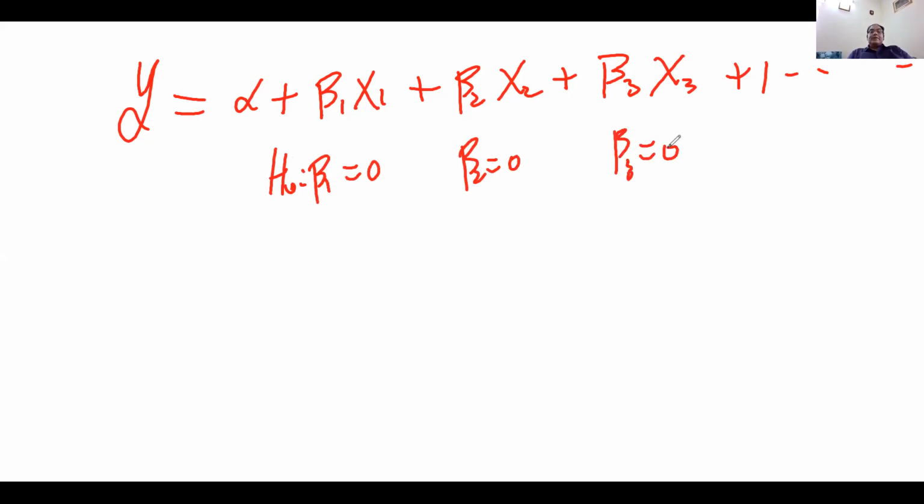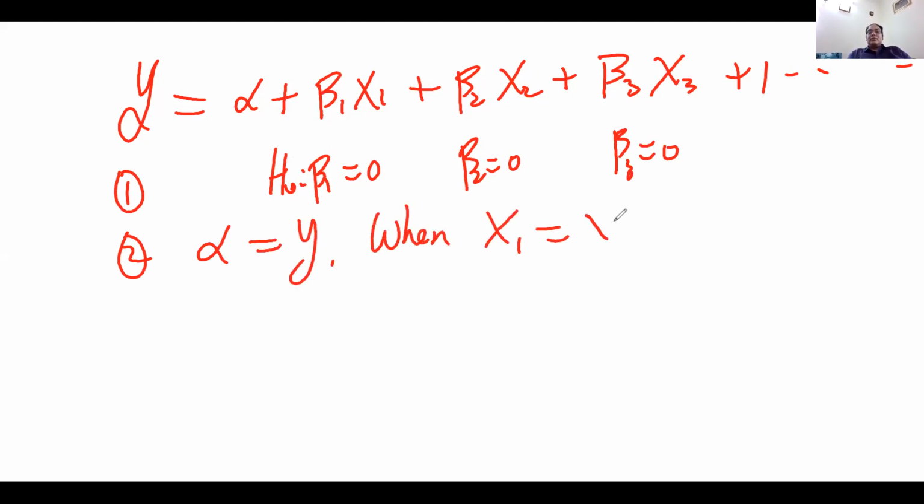So we have so many null hypotheses here, and we have to decide which variable is having an impact on y and which is not. Number two, alpha is the value of y when x1 equals x2 equals x3 equals 0. So alpha is the value of y when all the independent variables are 0.